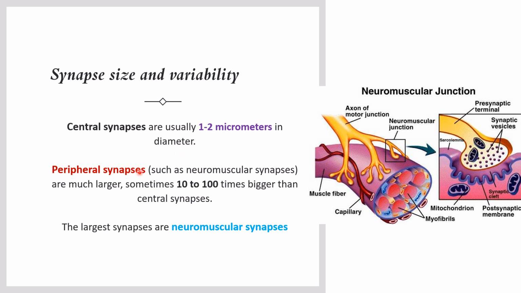The peripheral synapses, such as neuromuscular synapses, here in the picture we have represented this neuromuscular junction, are much larger, sometimes 10 to 100 times bigger than central synapses. And the largest synapses are neuromuscular synapses. They use acetylcholine as a neurotransmitter.